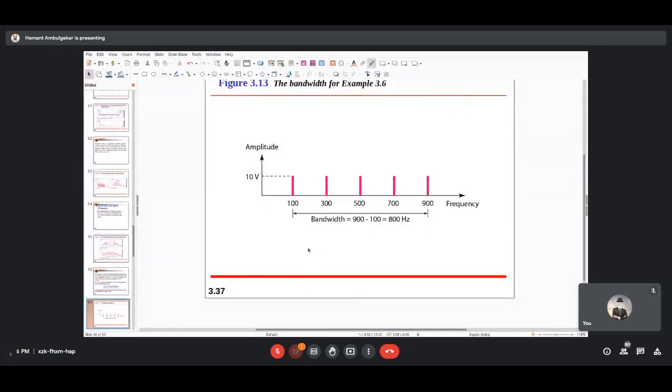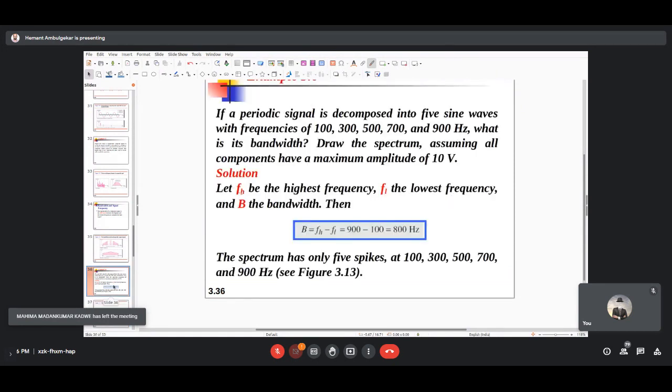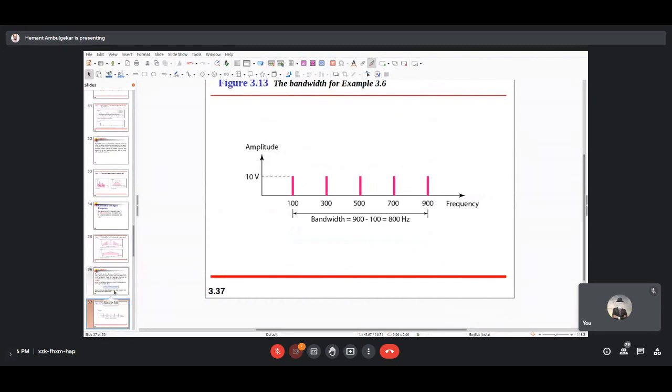Look here, 5 spikes. Where are the spikes? At these frequencies. So the bandwidth is equal to highest minus lowest. Getting? So we have been asked to calculate the bandwidth and to represent it. That's all. Getting?